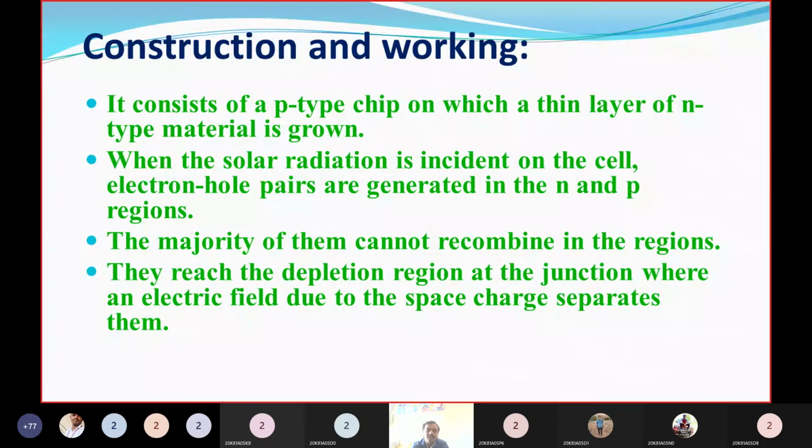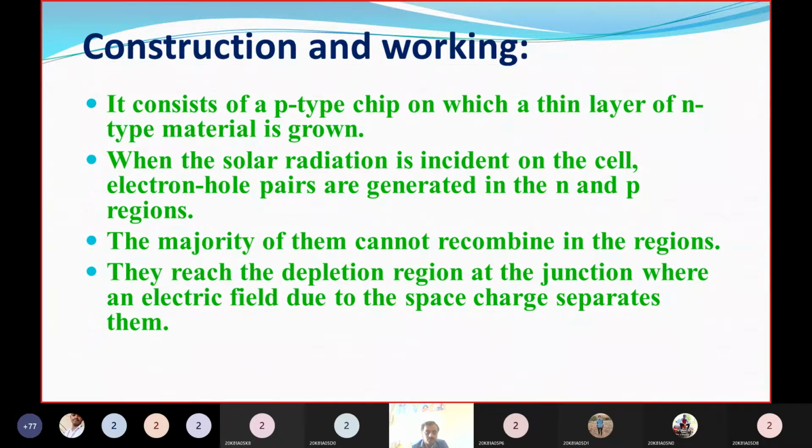Automatically, in between the P and N layers, a junction will be formed due to the diffusion process, between the P and N regions.